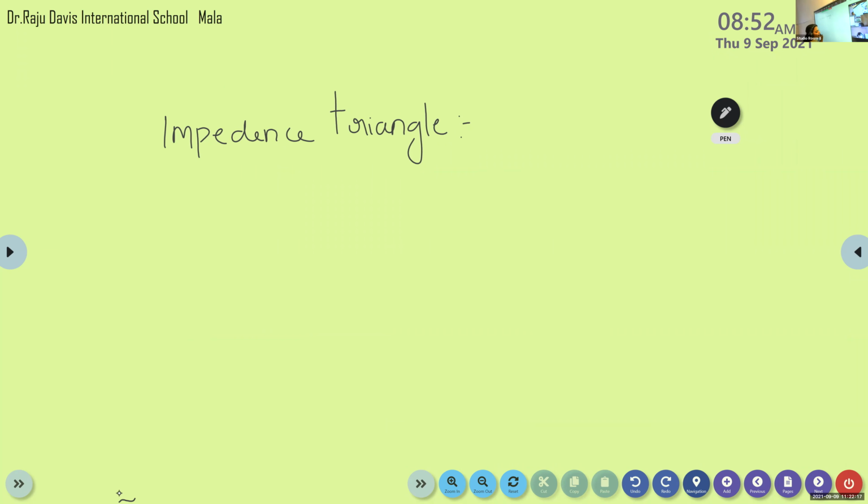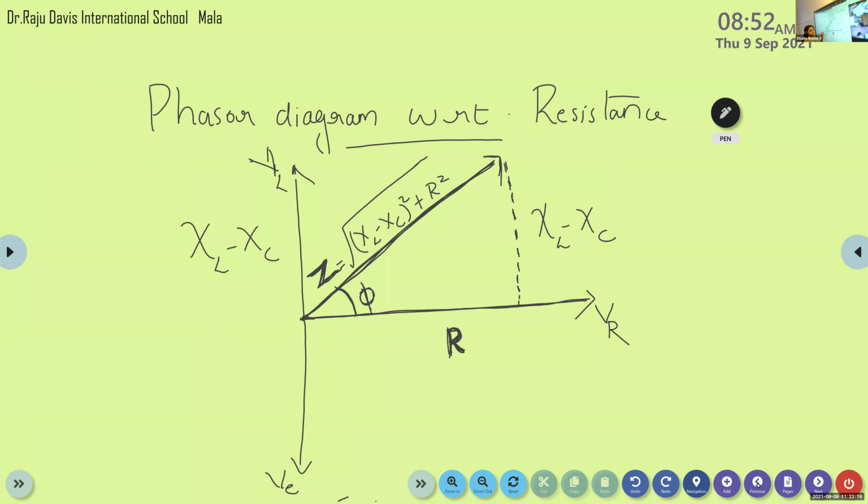By taking all these considerations, we get a triangle, and we call that triangle impedance triangle. Why is it known as an impedance triangle? Because all its sides represent the value of resistances. If we consider any side of this triangle, it represents a value of resistance.